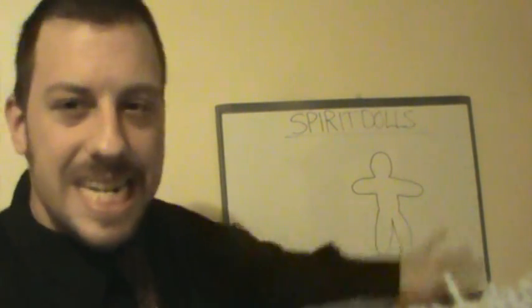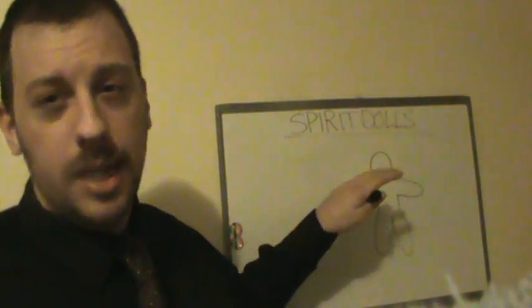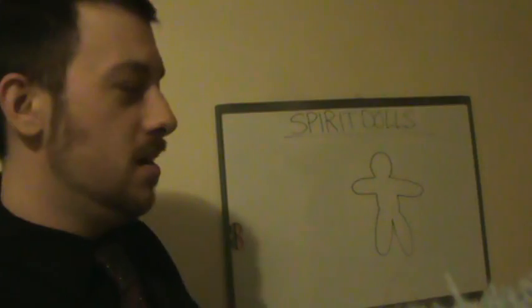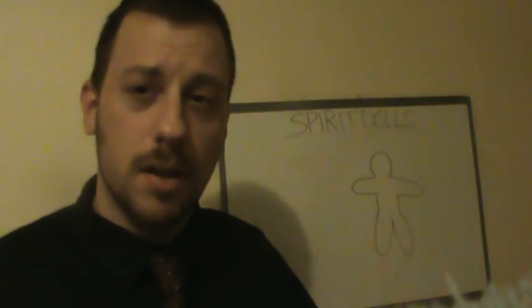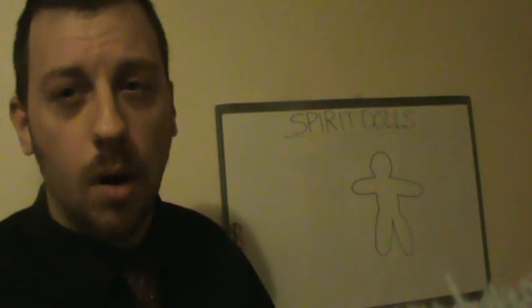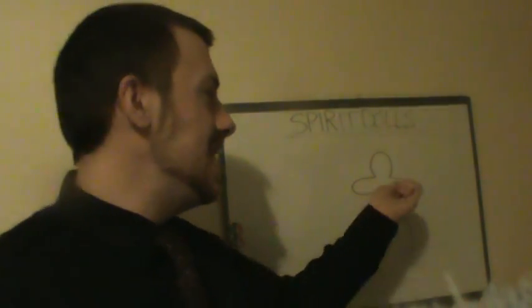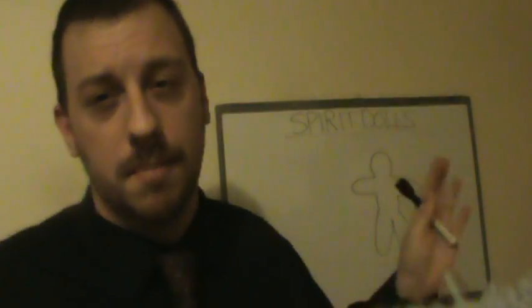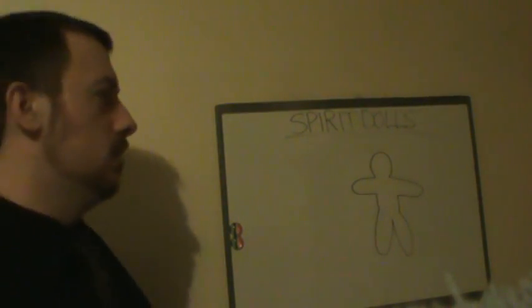You will deactivate it. And then, after you deactivate it, then you can burn it. You can bury it at a crossroads, whatever. Throw it into running water. It's important to deactivate it and really focus your mind that it's no longer connected to them. So you always deactivate your doll.